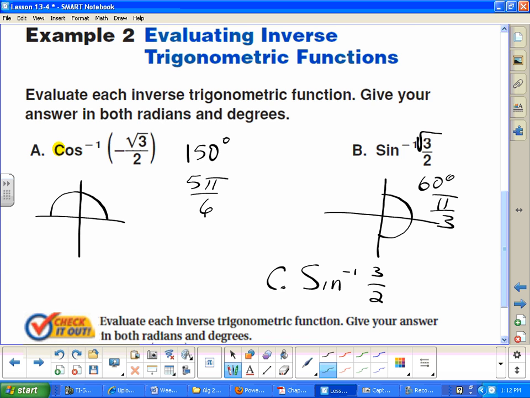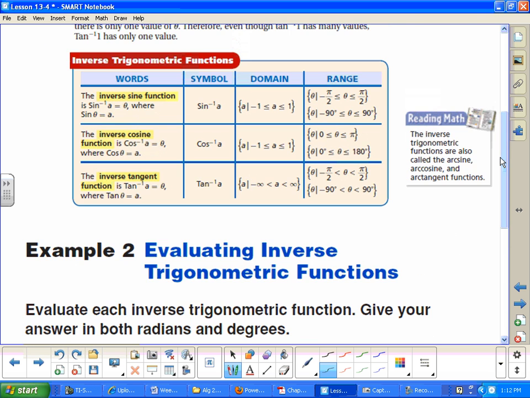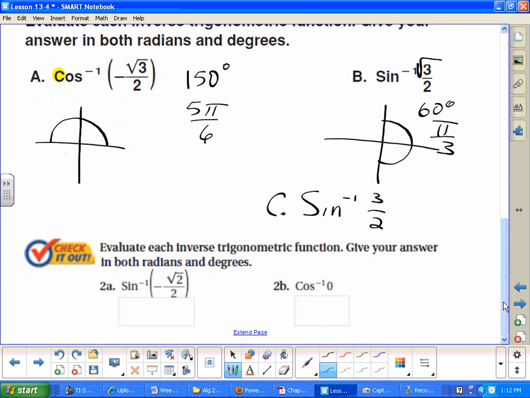The reason is that the domain for inverse sine and inverse cosine must be between negative 1 and 1. Is 3/2 between negative 1 and 1? No, because it's 1.5. So this one would have no solution. If we see something like that, we just write down no solution.